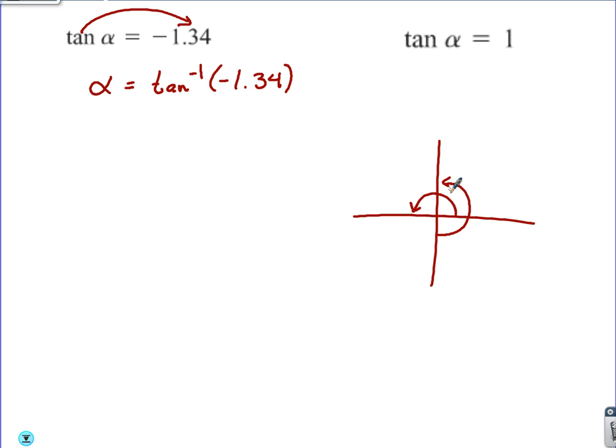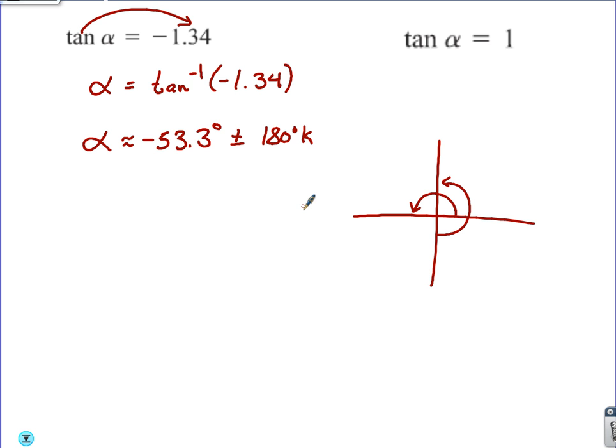What's your answer there? Alpha is about negative 53.3 degrees, plus or minus what? 180k. The period for tangent is 180 degrees.